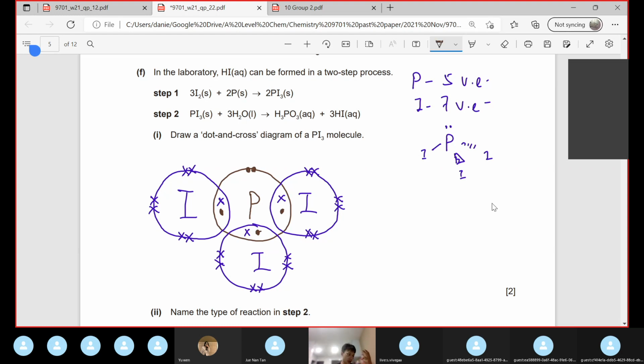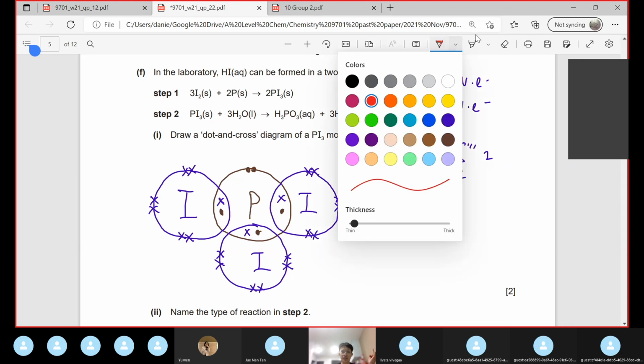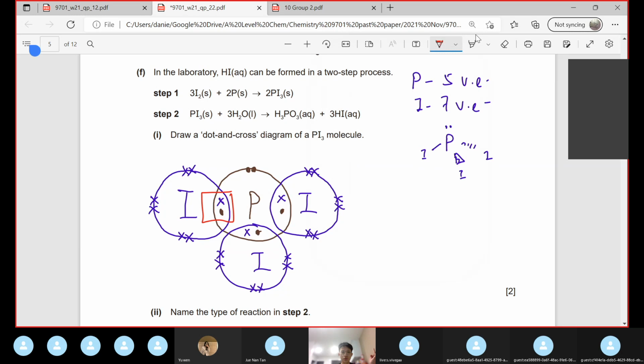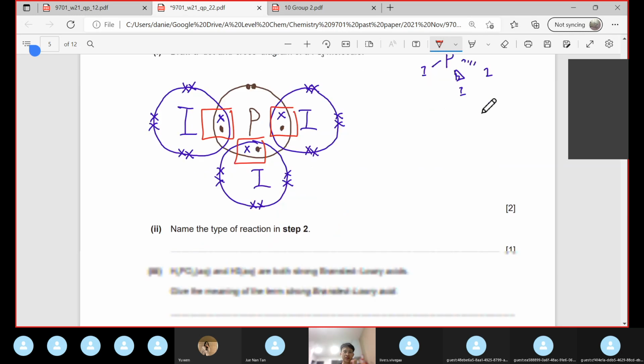The mark scheme shows that as long as you show 3 single bonding pairs, 1, 2, 3, you will be awarded 1 mark. Then another mark is for the other electrons. Make sure you draw all the lone pairs surrounding the I atoms, also the P atom. So 2 marks here for the dot and cross diagram.